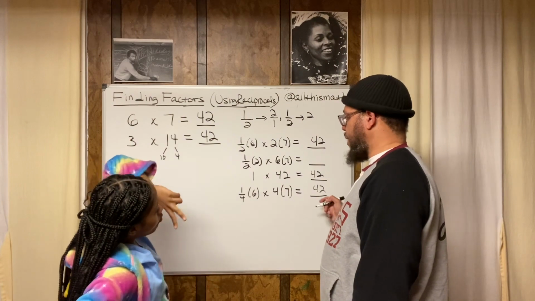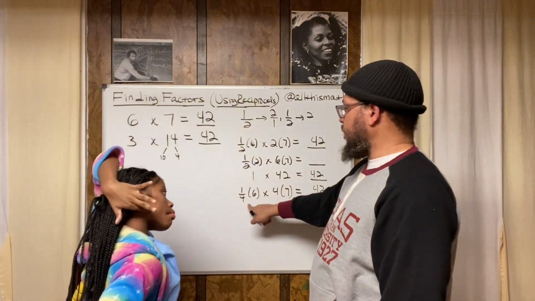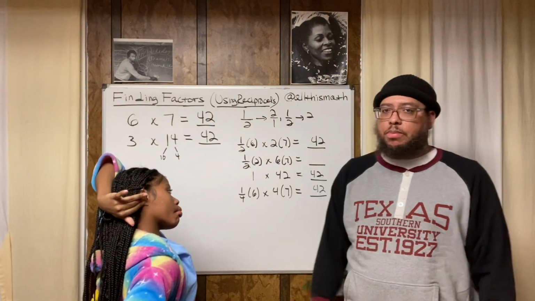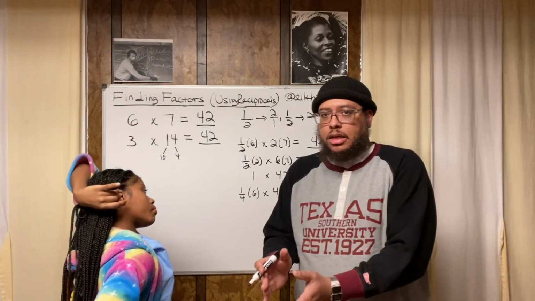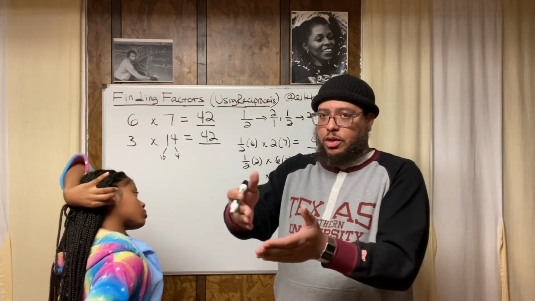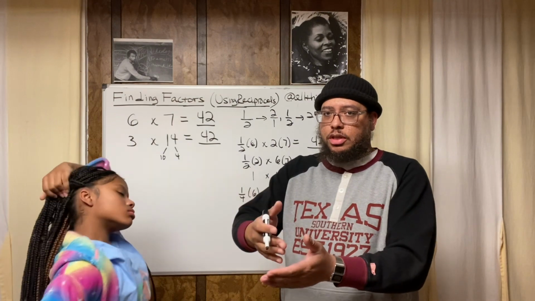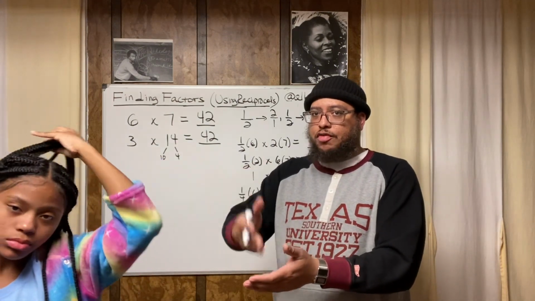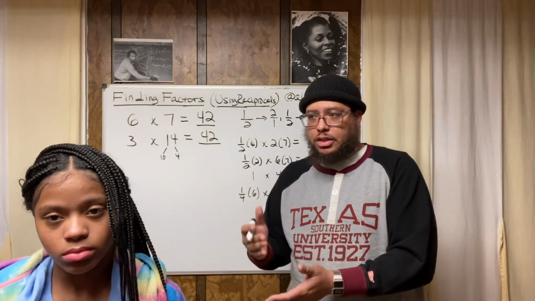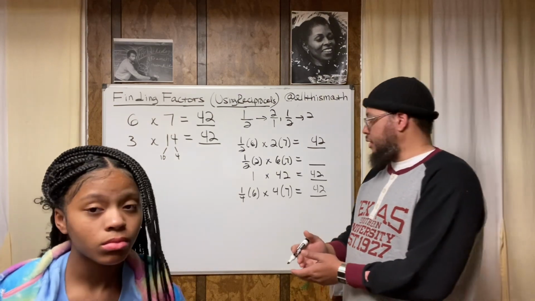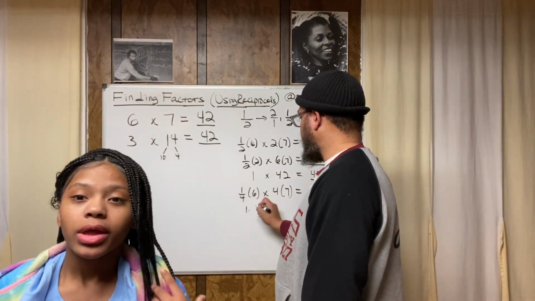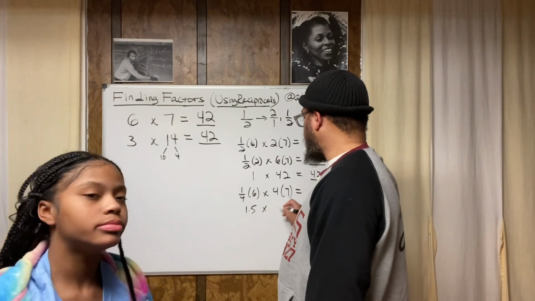Now, if we put this in a calculator, 1/4 of 6 is 1.5. If you had $6 and split it evenly between 4 people, each person should get $1.50. So that's 1.5. Assata, what's 4 times 7?